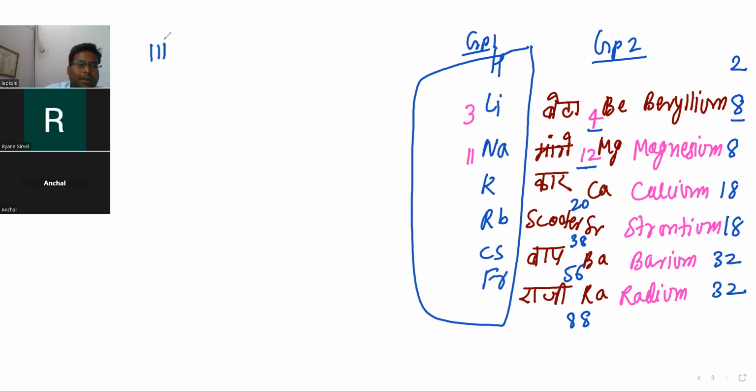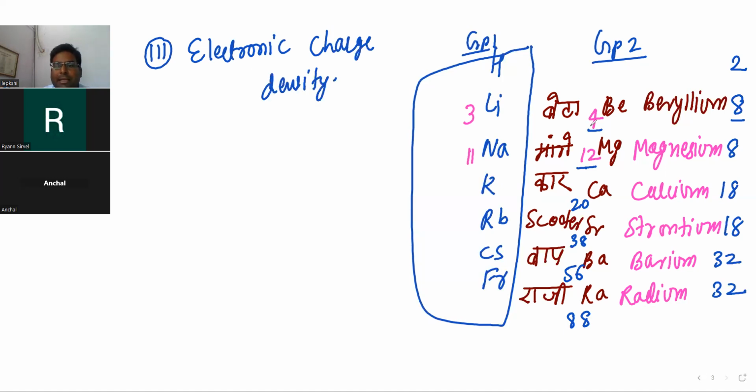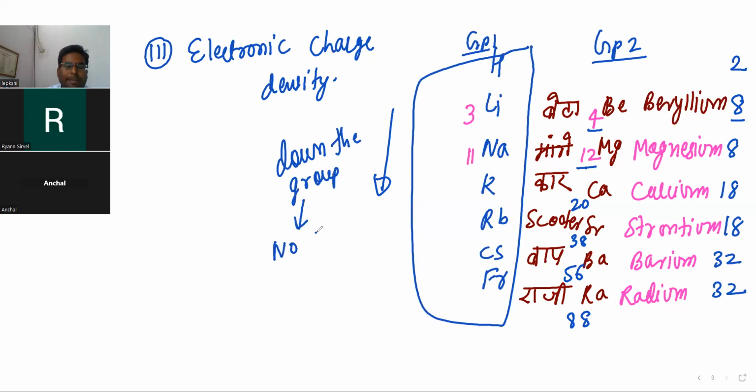So the third point we have to discuss is electronic charge density. You can see that when we are moving down the group, the number of electrons are increasing.